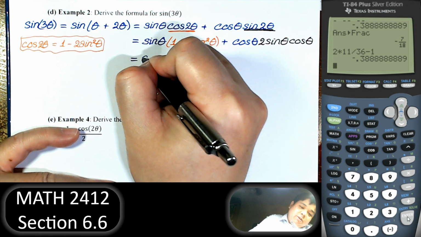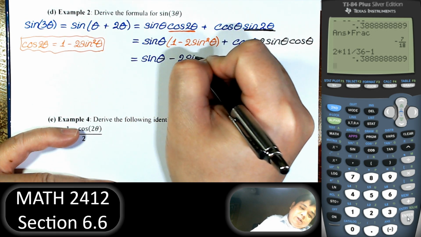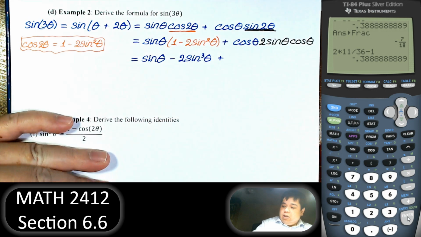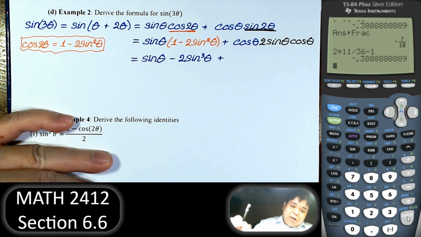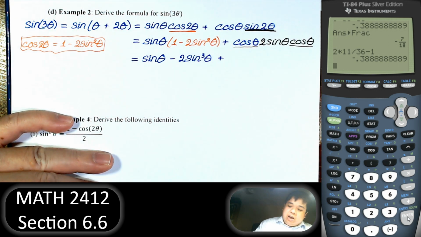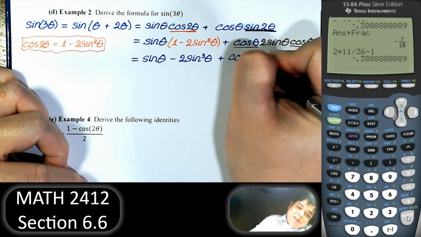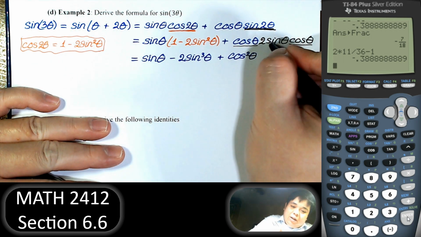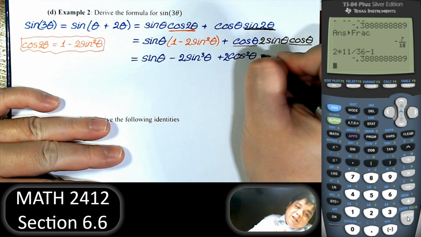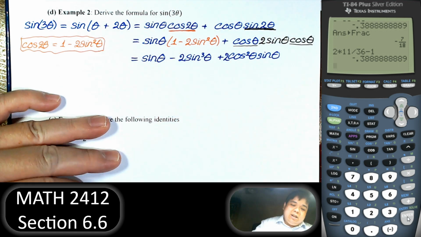Multiply this out: sine theta minus 2 sine cube theta, plus we have cosine theta, make that cosine square. There's a 2, forget that. And then there's a sine theta. So 2 cosine square and sine theta.